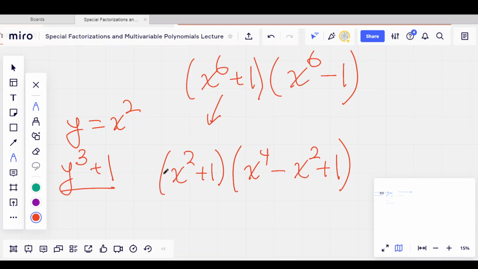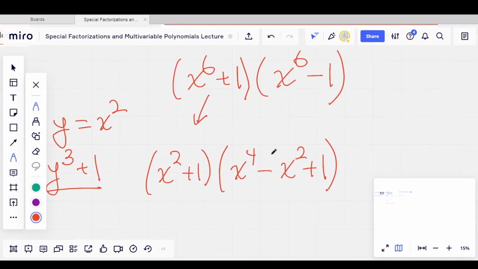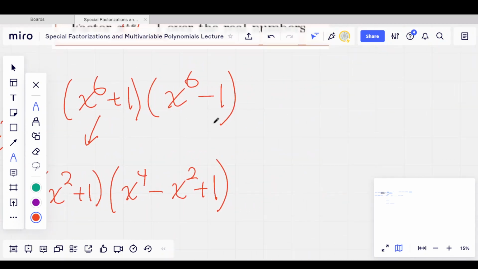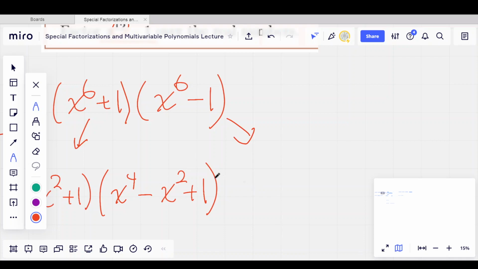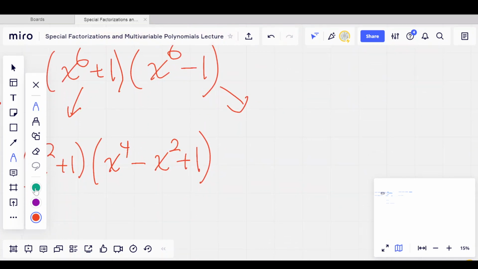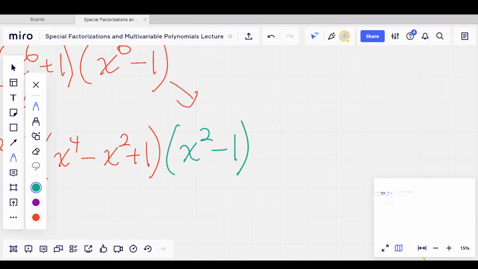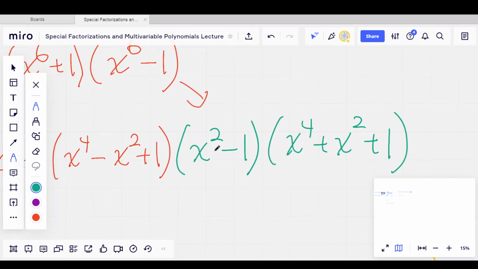So that's why we have these x squared and x fourth terms right over here. You can do a similar thing for this one. You'll get x squared minus 1 times x to the 4th plus x squared plus 1. Again, this is just sum and difference of cubes.